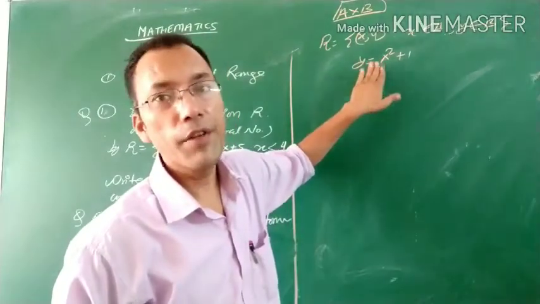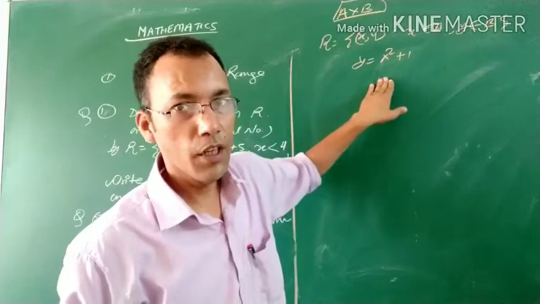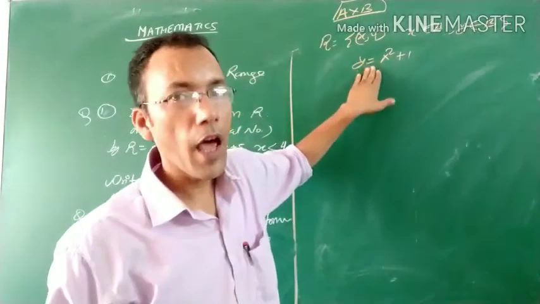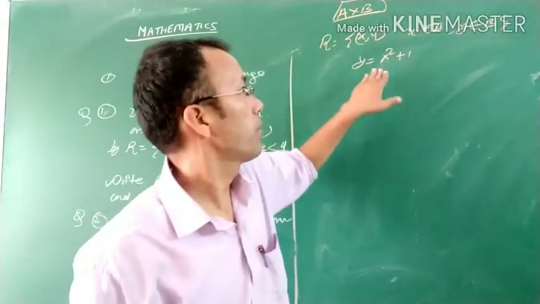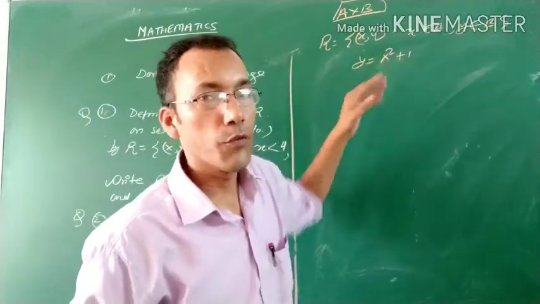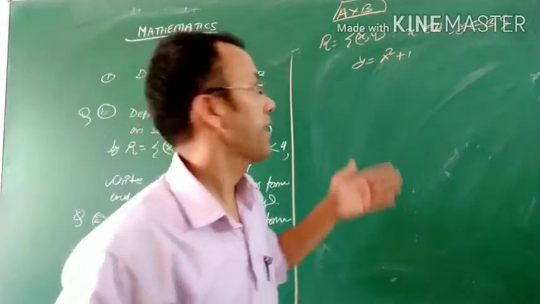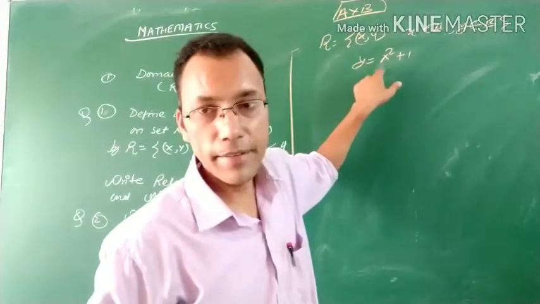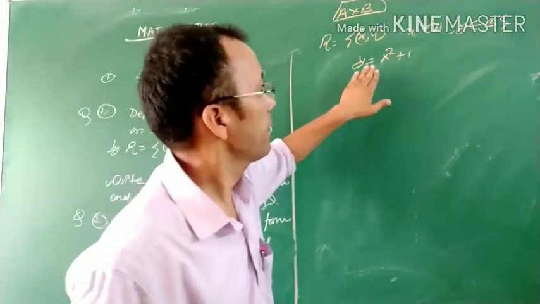But if a condition is given, like x is a natural number and x is less than 10, that means we have limited options to put in x. We can put only 1, 2, 3, 4, 5, 6, 7, 8, 9, right? So x takes the natural number values less than 10, and that is its domain.